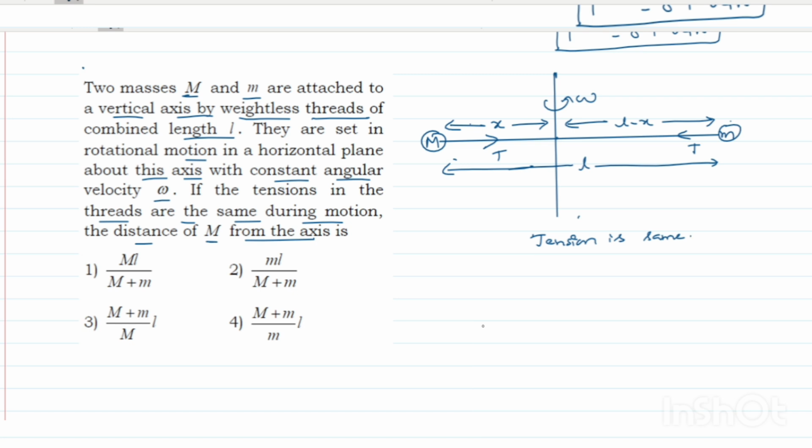So the tension in terms of angular velocity, you know the formula, T equal to m r omega square. About this point, this length is nothing but the radius. For capital M, if you take capital M into omega square into x, it will be equal to small m into omega square into the radius, which will be L minus x.